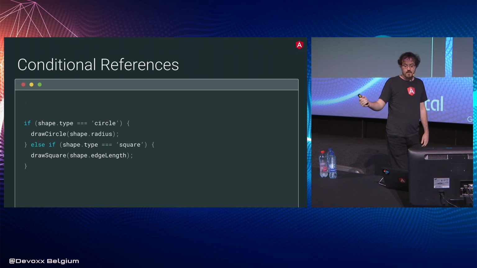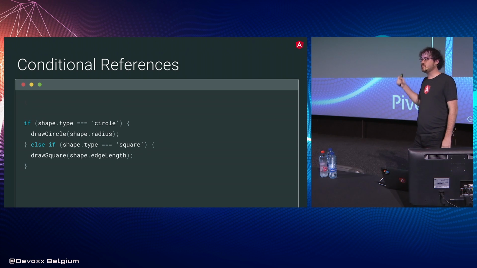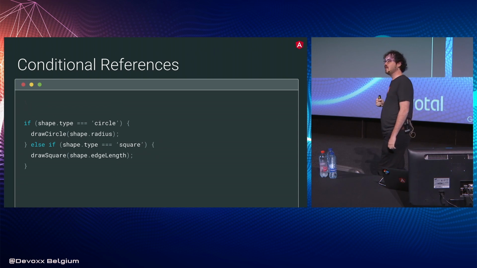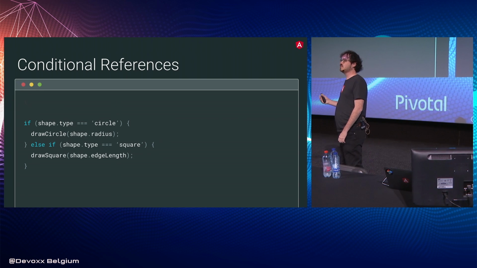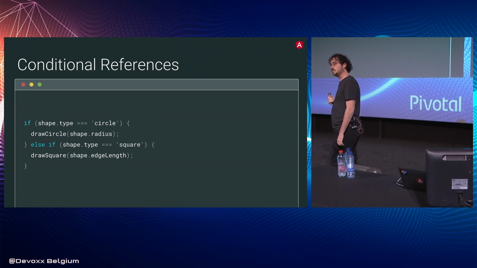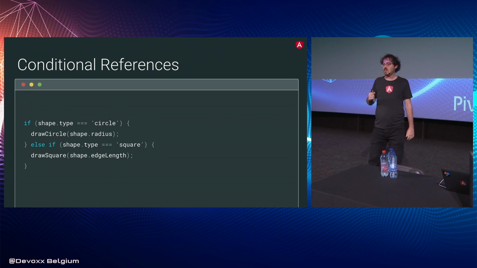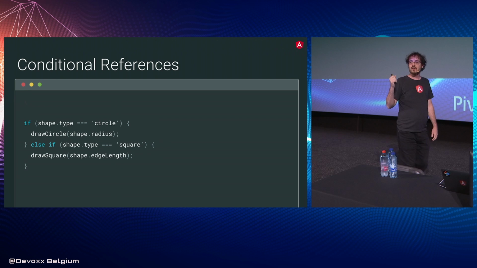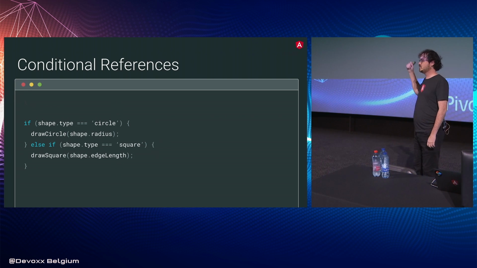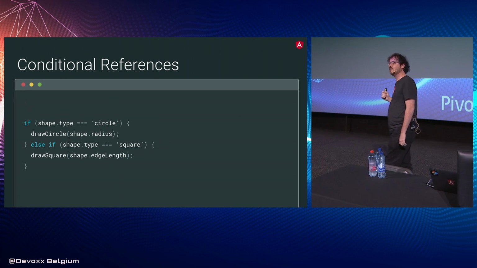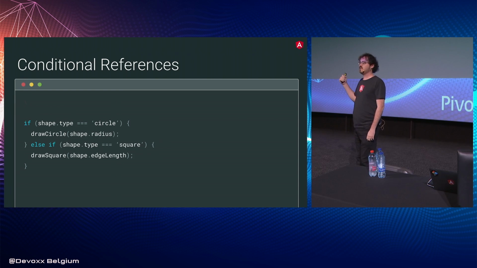The problem is, if we ship this code in a library, it might end up being used in an application that only ever wants to draw squares. And that's perfectly valid, right? Our library is good at drawing squares. But a tree shaker looks at this code and doesn't know that. It doesn't know that the application never constructs an object that has type circle.